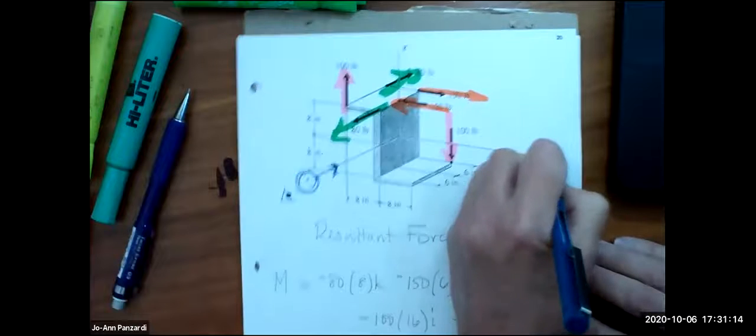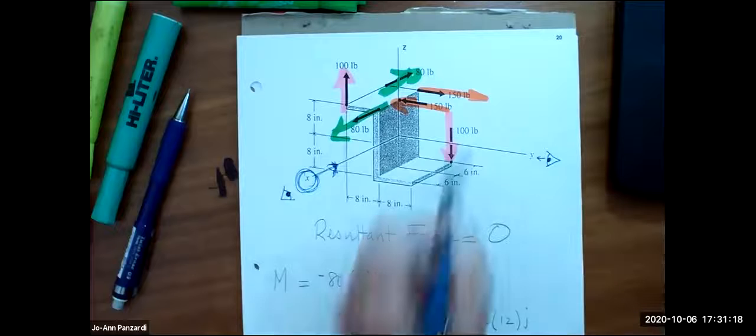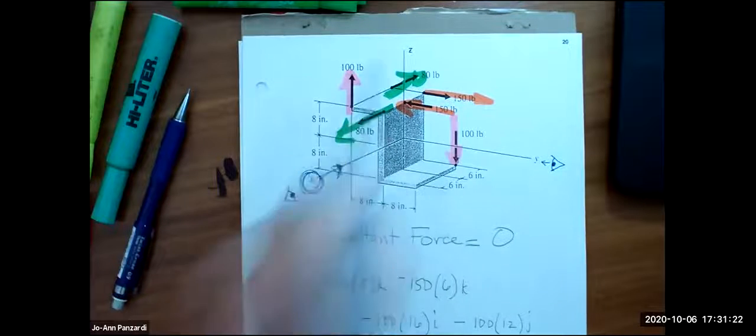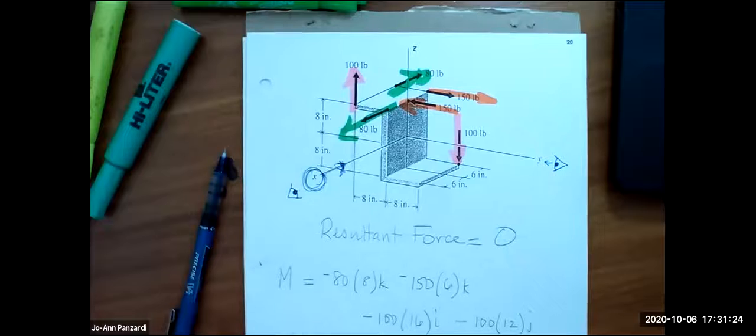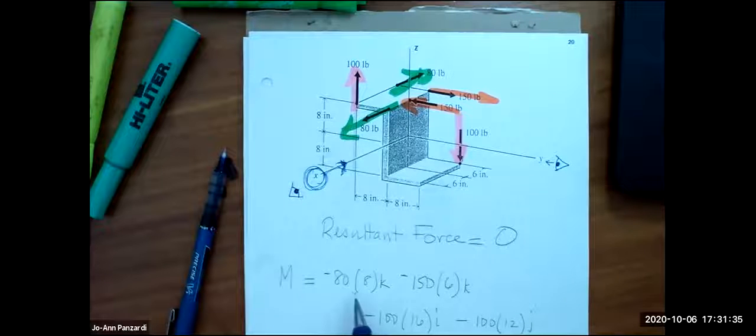Now, when I'm trying to find the moment about the Y, I'm looking in this direction, and the 100 is down to the right, and the 100 is up to the left. So now the moment equals negative 1600i minus 1200j minus, what's this, 64? I think I have the math somewhere. Be 640, I think.